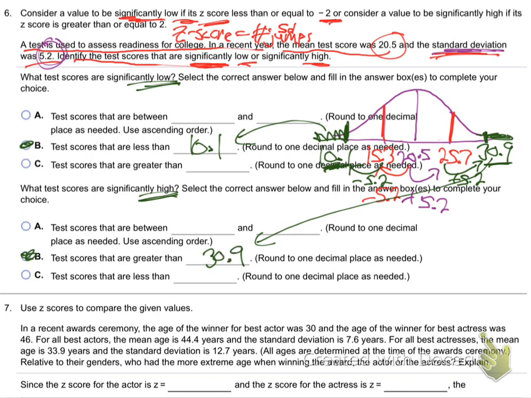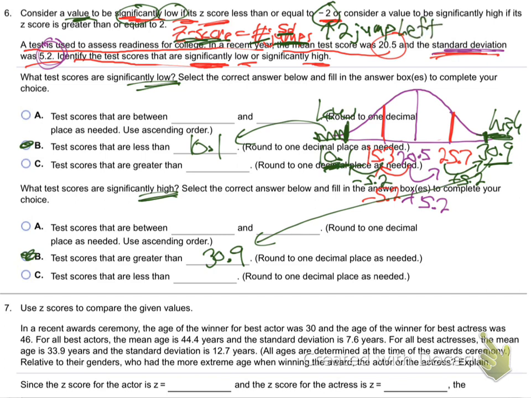That's how they go, right? These are the low test scores. These are the high test scores. Why is that? Because a value is significantly low if it's two jumps, Z-score -2. And what is Z-score? Number of standard deviation jumps above or below the middle. So if your Z-score is -2, that's two jumps left, below the middle.